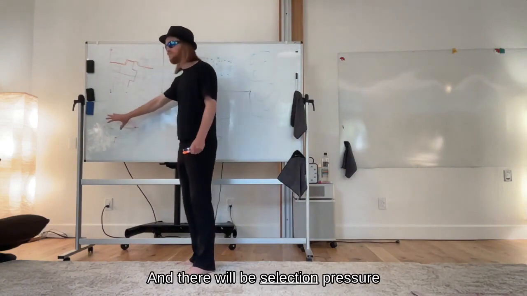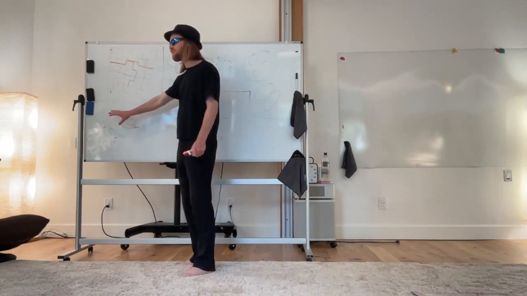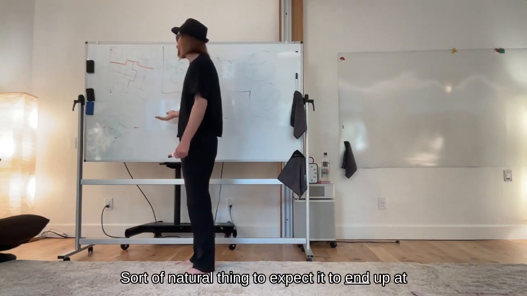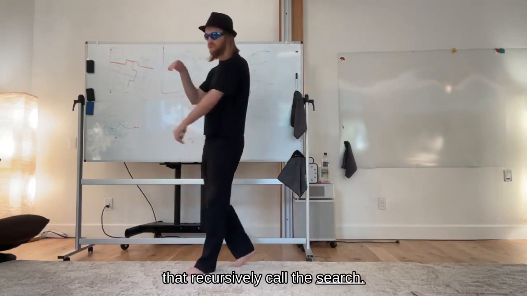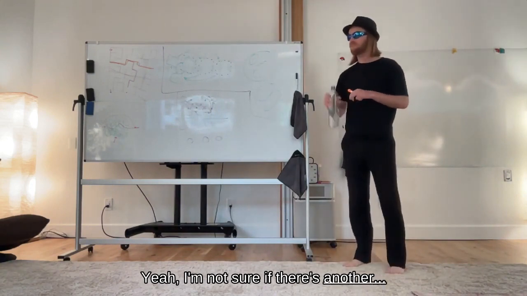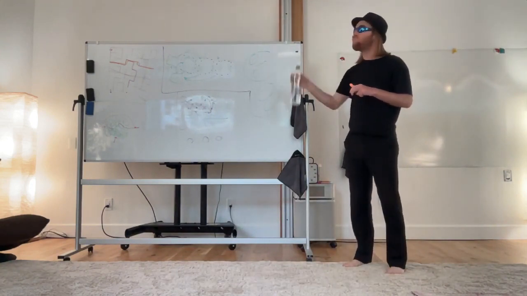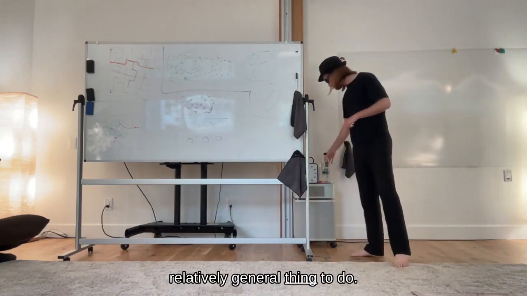There will be selection pressure for generalizable problem-solving methods, or general purpose search. A natural thing to expect it to end up at is this structure of breaking into subproblems then recursively calling search. Yeah, that seems intuitive. I'm not sure if there's another relatively general thing to do.